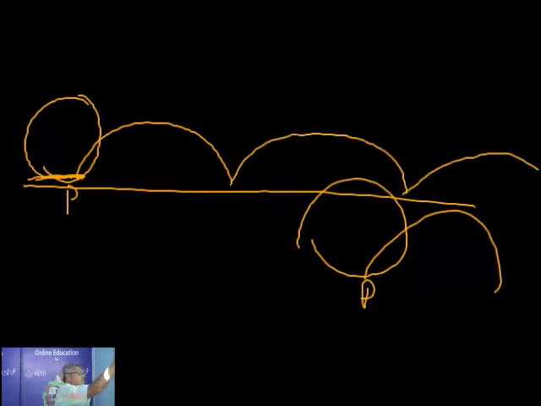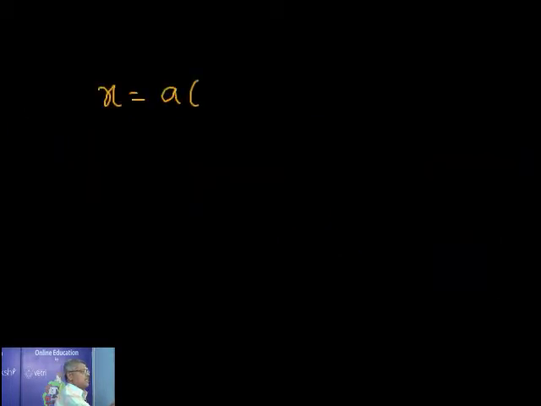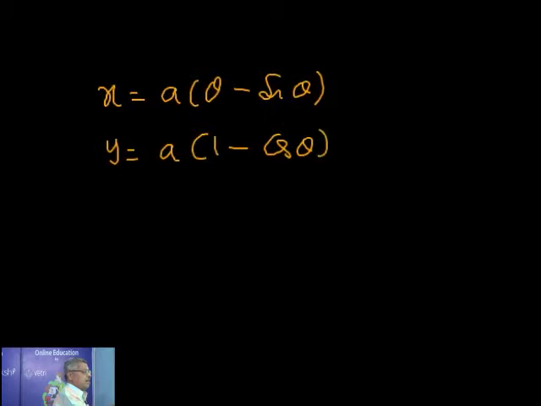Now, what's the equation of the cycloid? x is equal to a into theta minus sin theta, and y is equal to a into 1 minus cos theta are the parametric equations of a cycloid.